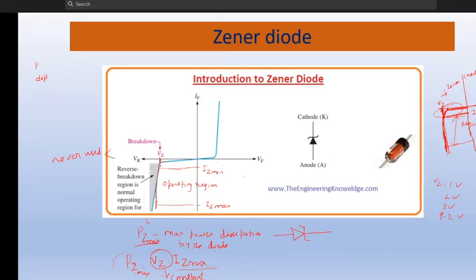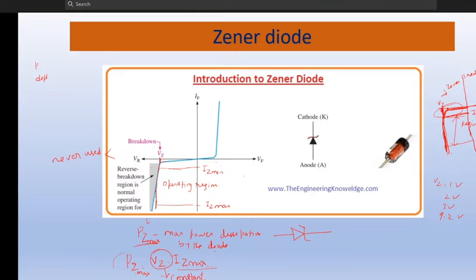So this portion, in the reverse bias characteristics, and the PN junctions employing that Zener breakdown phenomenon are known as Zener diodes. As compared to the previous diode, the symbol is different. You can see the symbol of the Zener diode is different.